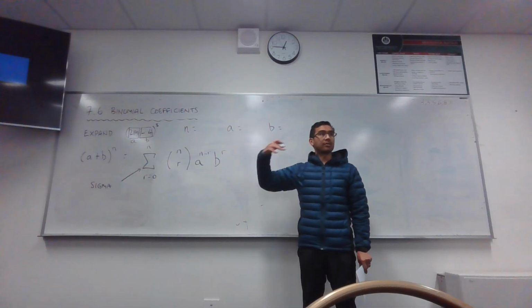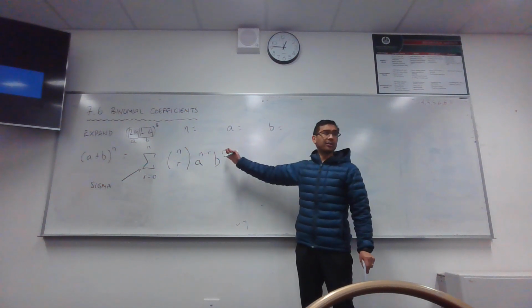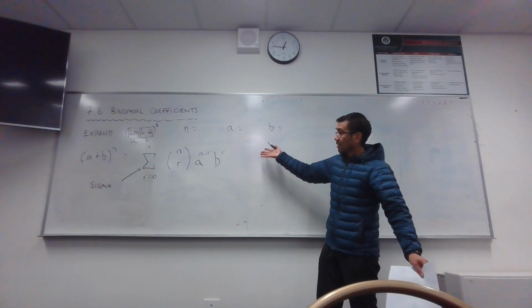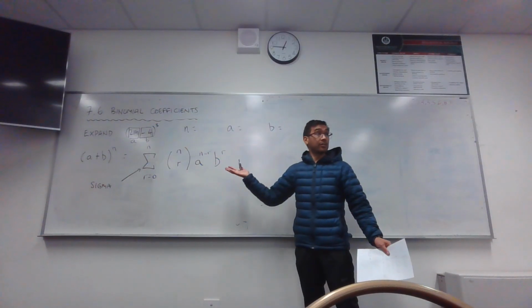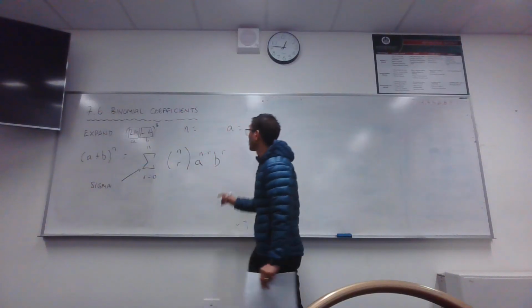There's a practical use for this when you're doing your questions. First of all, you can see a lot of N's, a lot of R's, and A's and B's. It's really important you identify everything at the beginning.